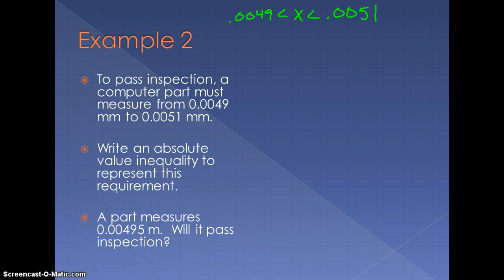What looks like an answer is now part of the beginning of our problem. I have to find the midway point, so I add them together and divide by 2. The midway point is 0.005, and I'm going to subtract that from all three parts of this inequality.